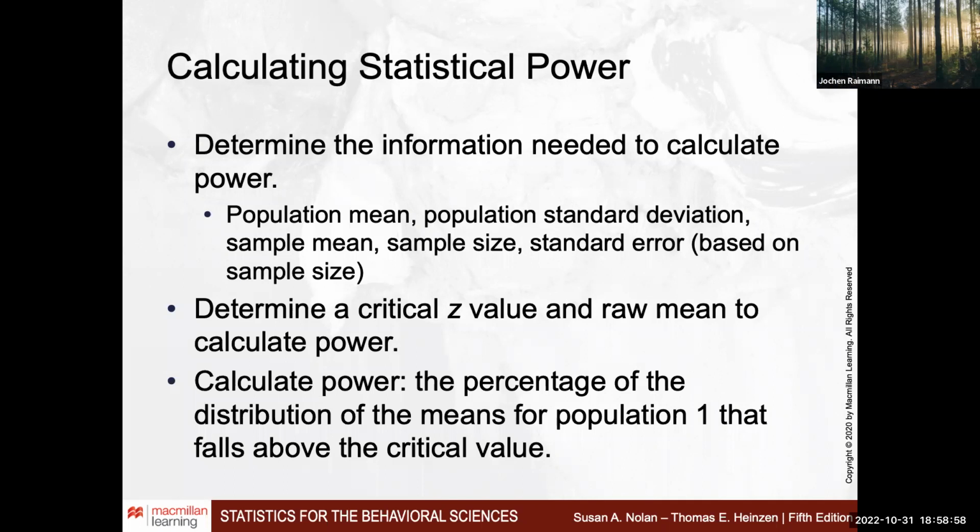But what you basically do is go back to the literature, or go to registry data, and try to get an estimate of that mean based on previously reported data.